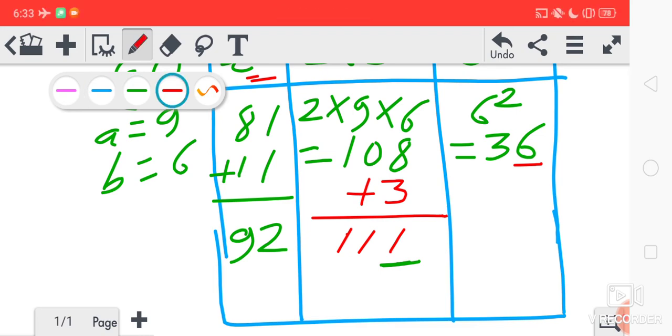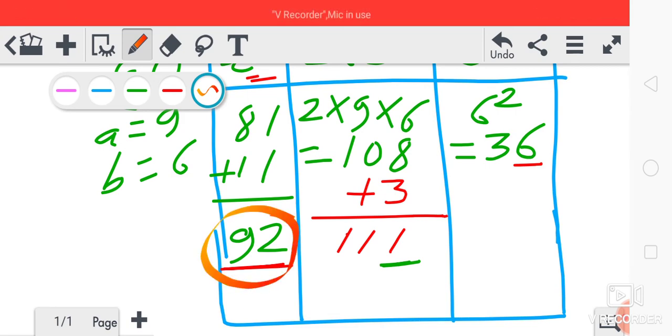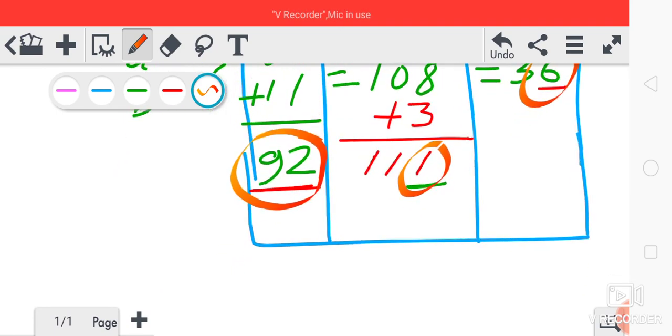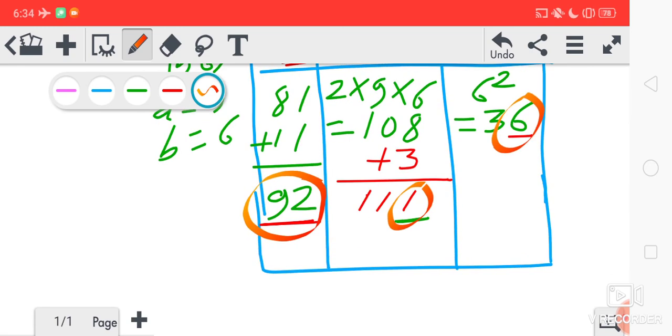In the first column both we have to underline. So what we have to write here is the first column both ones, so both I have circled, then the last digit, and then the last digit. So what answer are we going to get?